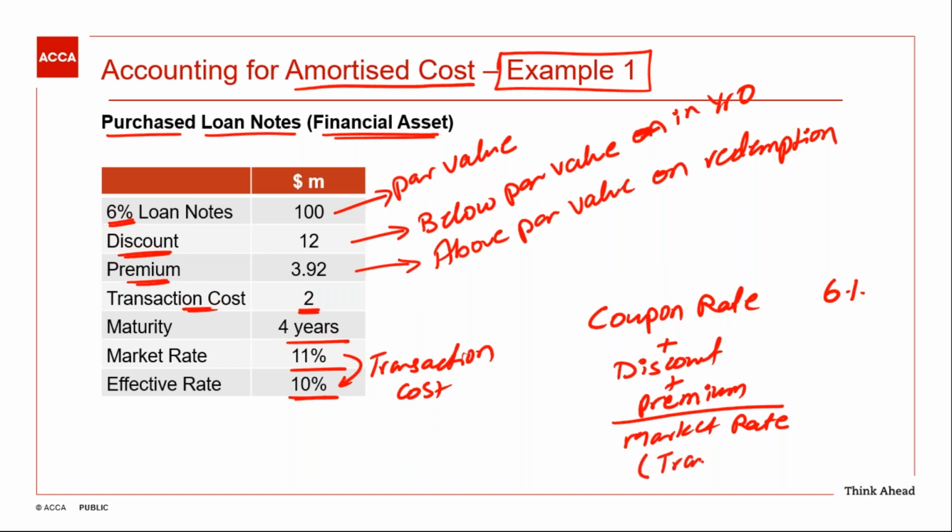And if we deduct the transaction cost from this, this will become the effective rate. So the main difference between the market rate and the effective rate is the transaction cost.